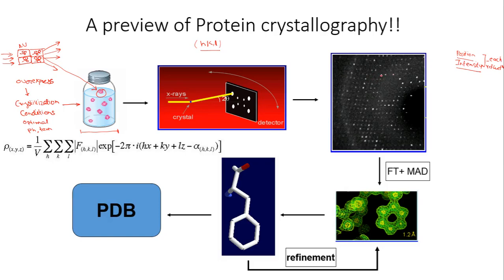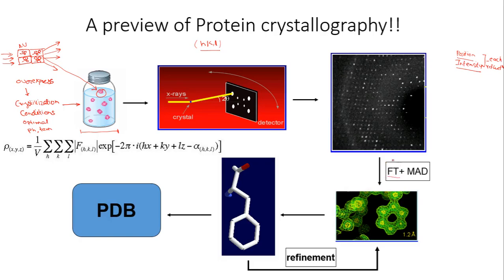protein molecule. Okay, so now what the biophysicist does is, when we have the list of positions and the list of intensities of each and every reflection obtained from your X-ray crystallography experiment, he feeds those values of position and intensity to a mathematical expression called the Fourier transform.